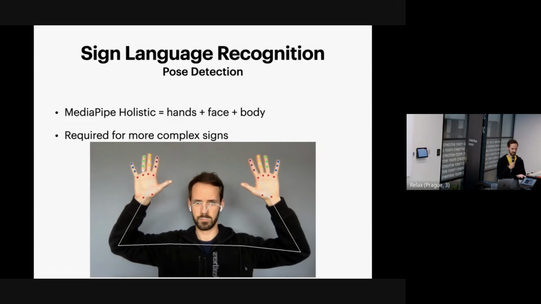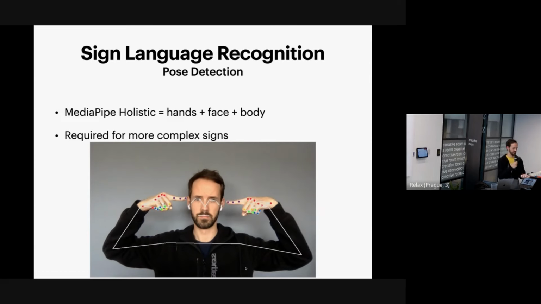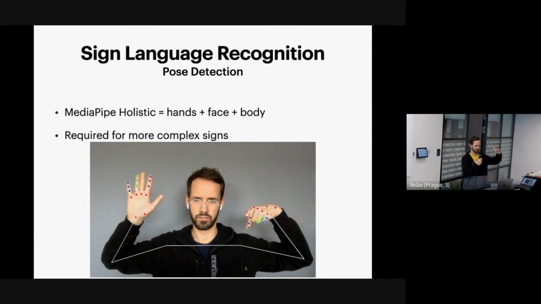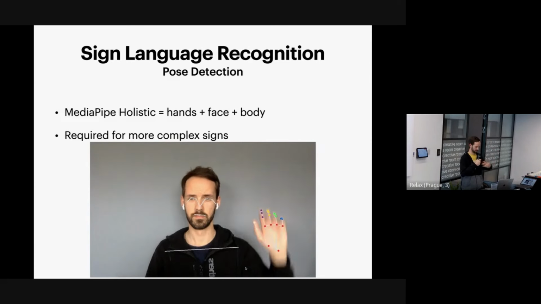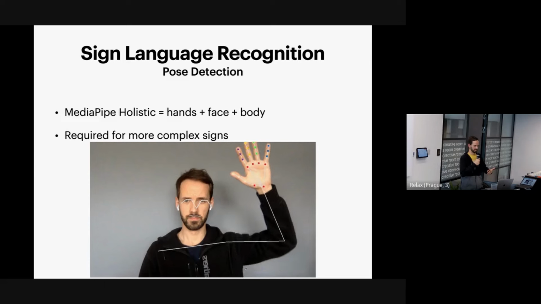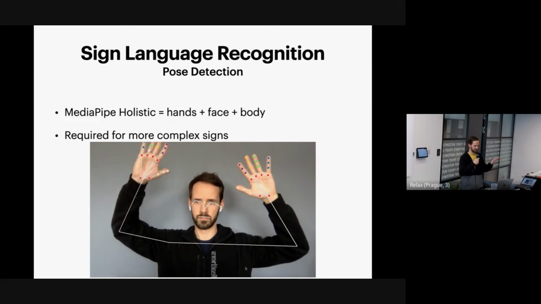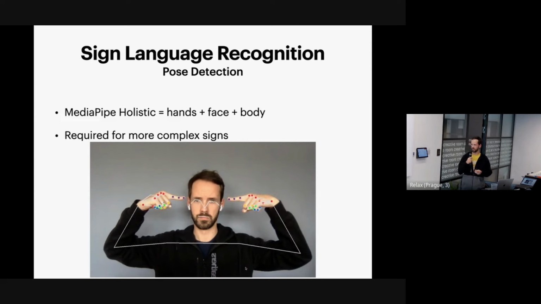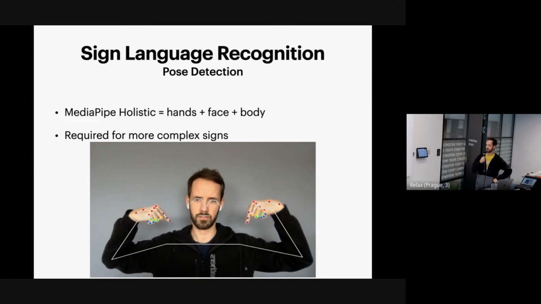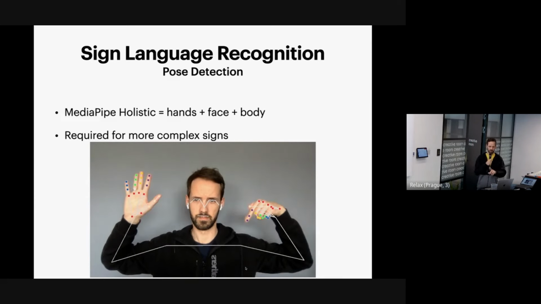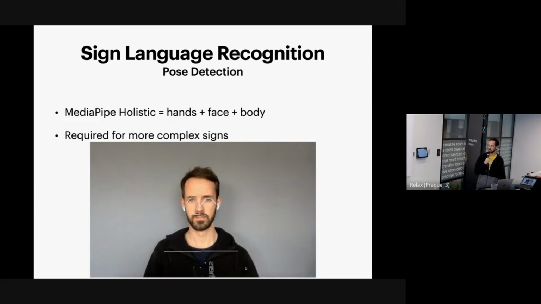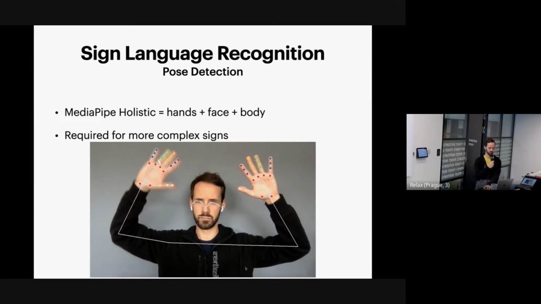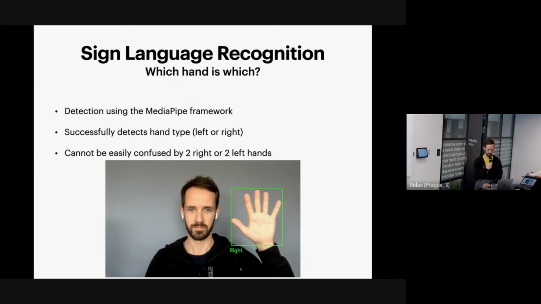If you are not familiar with sign language, like I wasn't, you pretty quickly find out that it depends how high your hands are with respect to your body sometimes, and it's like a whole body language. So of course you need to track the whole body, and it is possible. But still, to keep things simple, I focused mostly on hands. It was pretty much to do with the 2 hands.